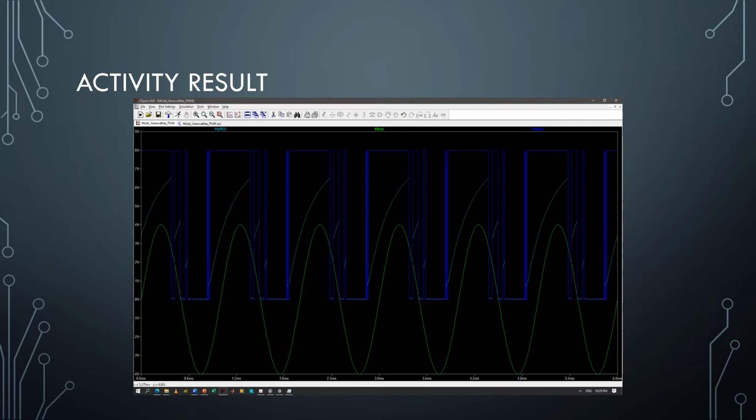So it looks like a sawtooth with little square waves on both ends, and the output of the PWM follows the waveform, the square wave waveform.